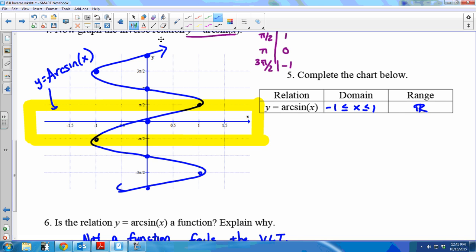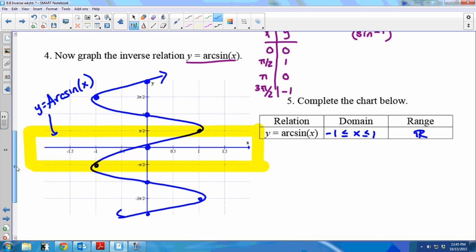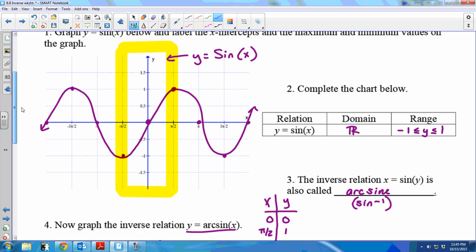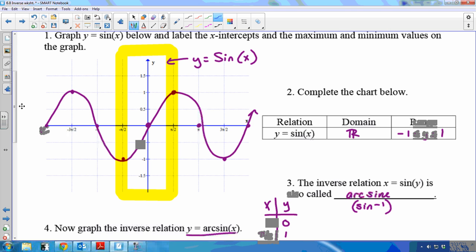Okay? Because maybe I say we're talking about sine, just sine. If I say to find sine with a capital S of pi, you can't do that, right?